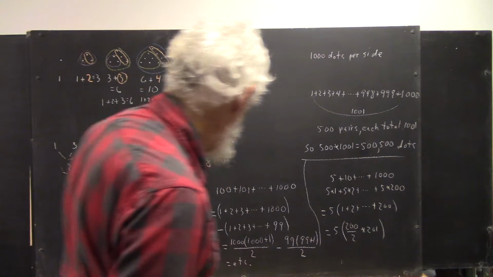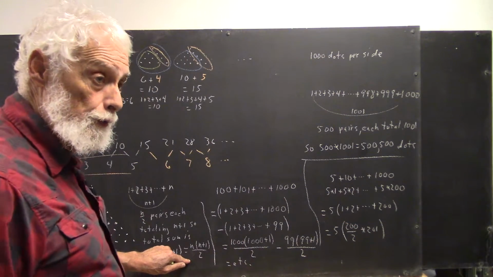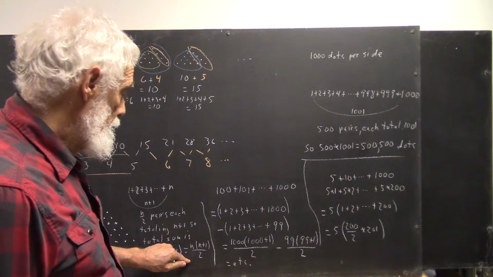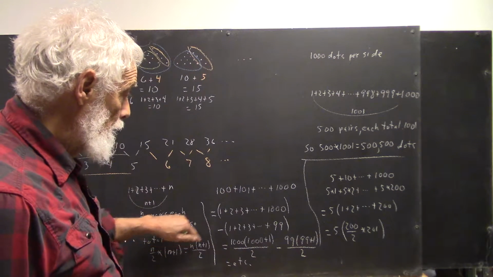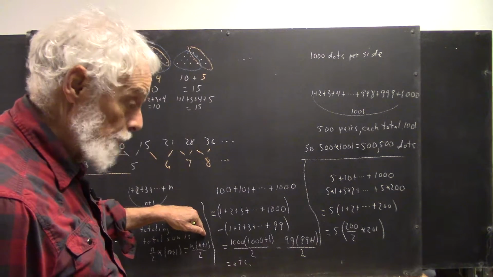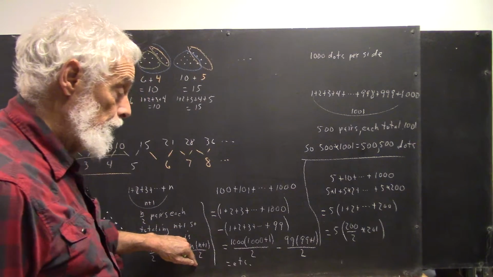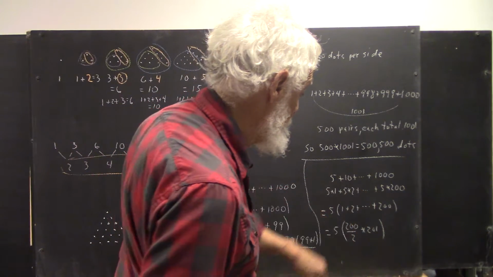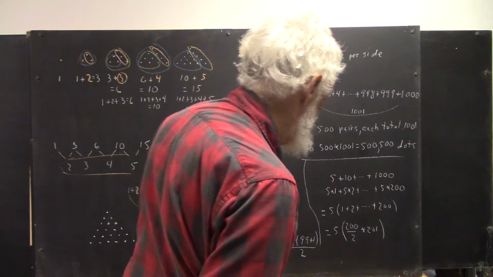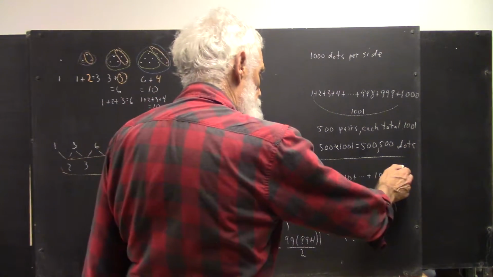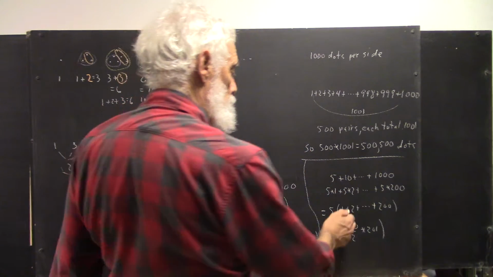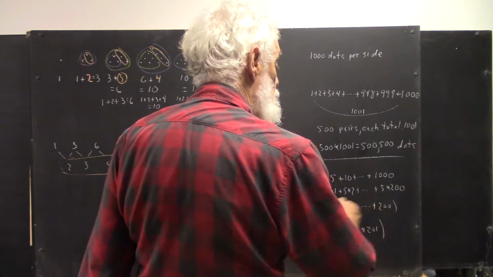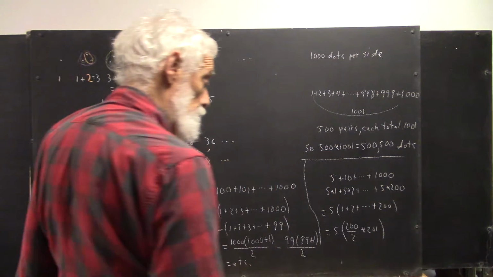And isn't that a whole lot like the formula which we could have used to get exactly the same thing? We have n would be 200 times 201, n plus 1 would be 201 divided by 2, exactly what we have here. Now of course we have 5 times that, because each of these numbers is 5 times a number between 1 and 200, and we do 5 times every number from 1 to 200.